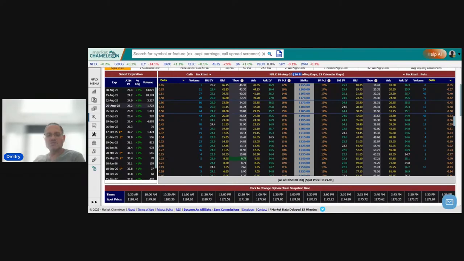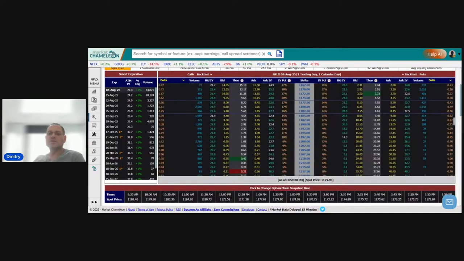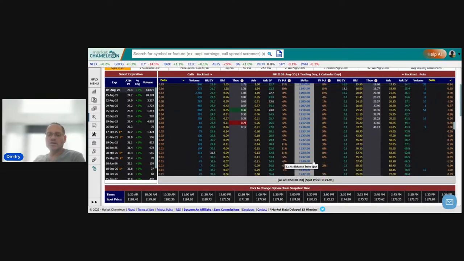Right now it has a 25 delta, but if we go to August 8th, now we have 1 day, and the 1,235 strike has a 1 delta. So you can see this option is worth less, same strike, and it's less sensitive to a dollar move. It's getting closer to zero. So that's why our delta is changing.